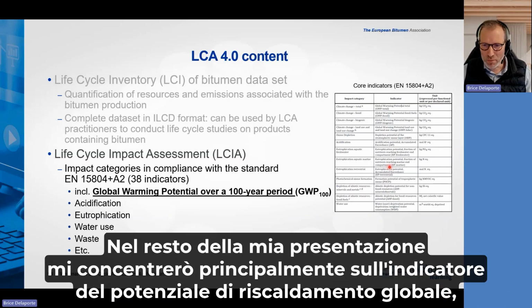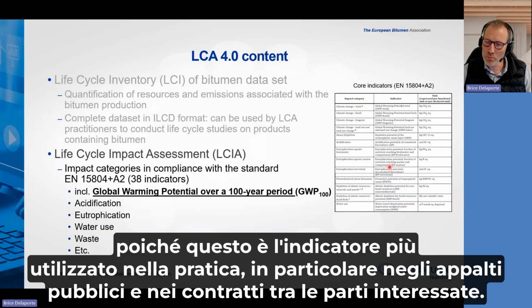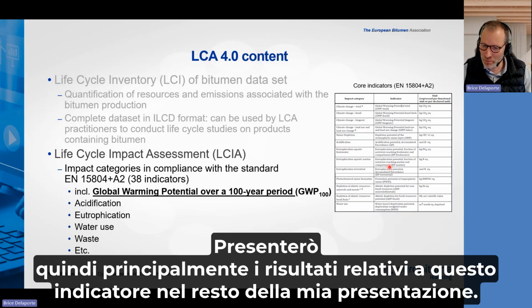In the rest of my presentation, I will mainly focus on the global warming potential indicator because it's the most widely used indicator, I would say, in practice, and especially, for example, in public procurement or in contracts between stakeholders. So I will mainly present results on this indicator in the rest of my presentation.